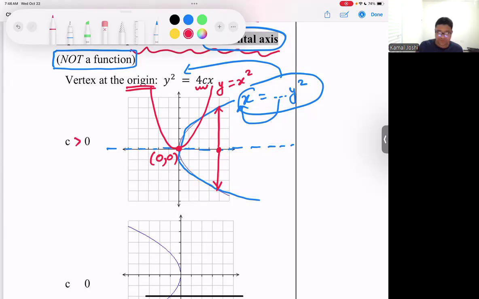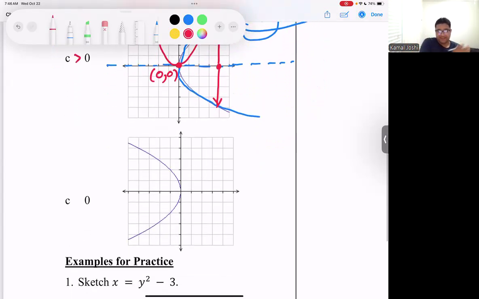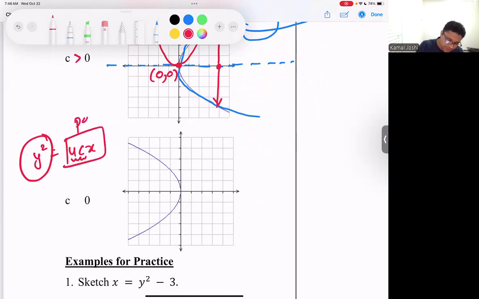And if it is opening to the left side, in 4cx, like right side, 4cx. Now the x values are negative on the left, but on the left side you have y square. So that means overall, you want the whole quantity to be positive, otherwise you cannot make it equal to some square.